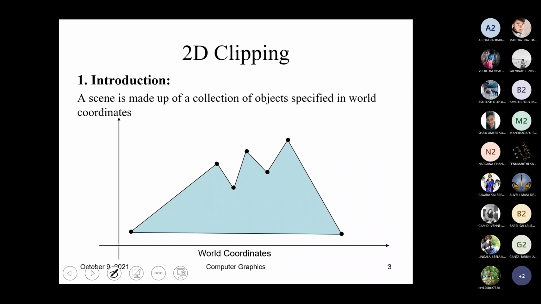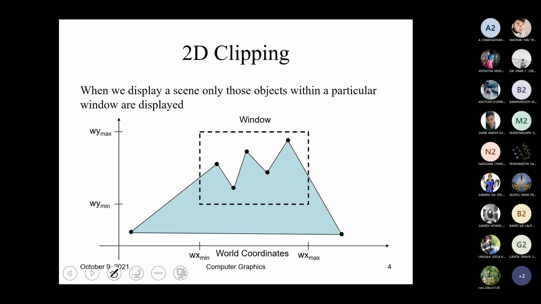According to this image you can see you have the x-axis as well as the y-axis. A scene is made up of a collection of objects specified in your world coordinate. This will be visible in your world coordinate system. When we display a scene, only those objects within a particular window are shown in your display. So this will be your window coordinate system.